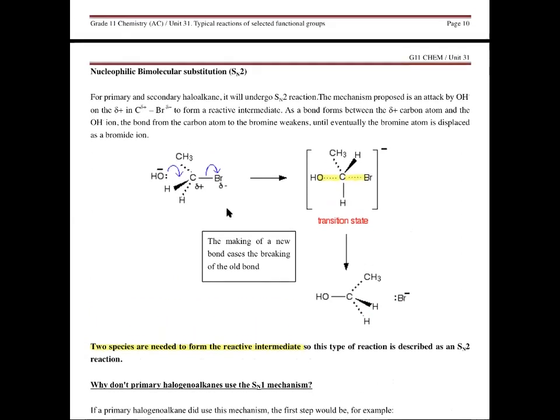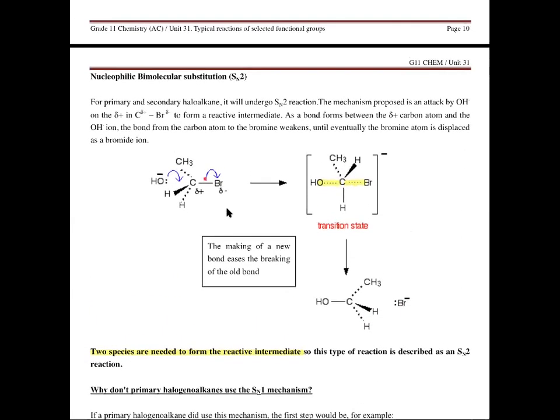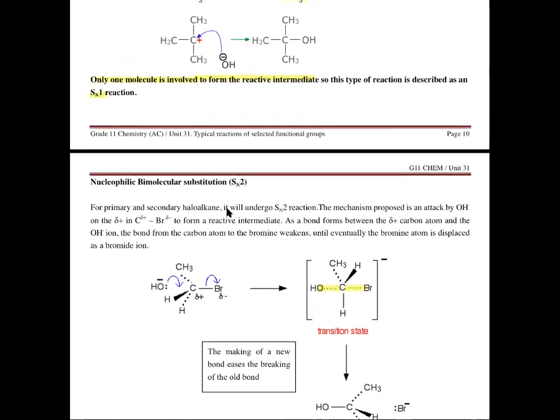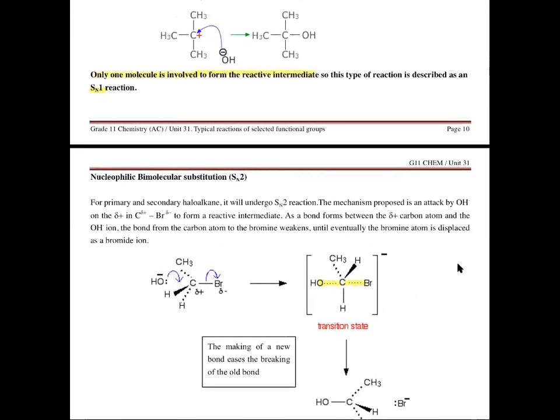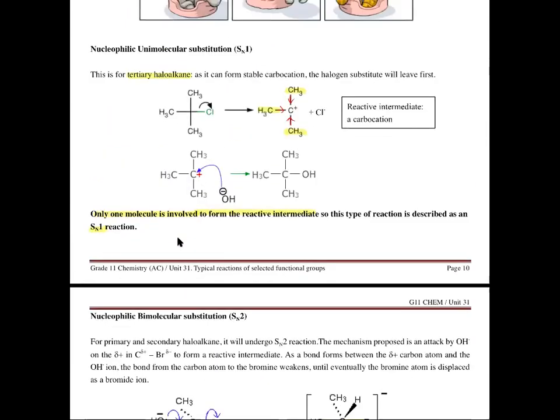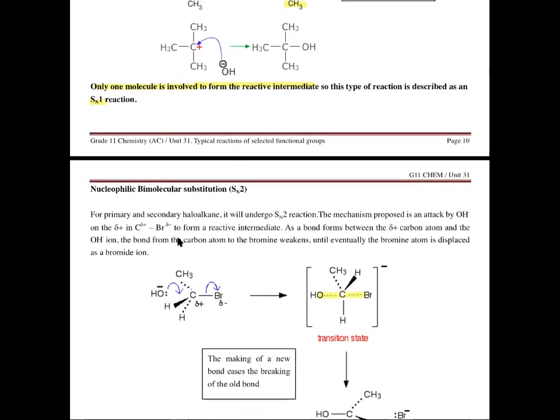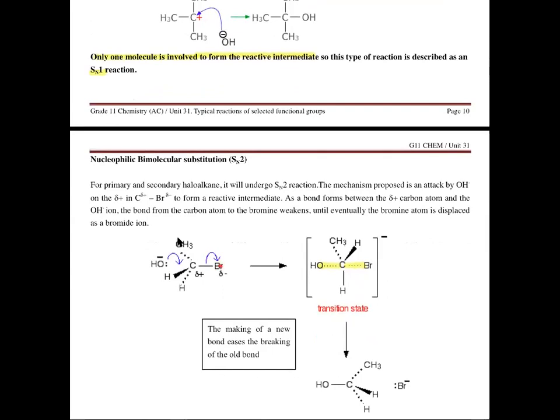Some of you might ask, why can't the primary or secondary haloalkane go through the SN1 mechanism? Like this, why does the bromine not just leave the molecule?